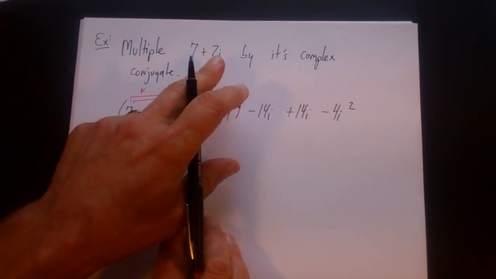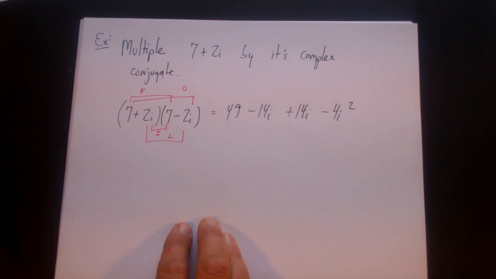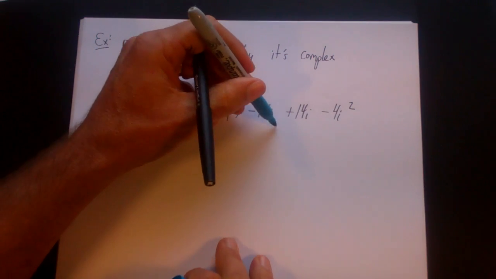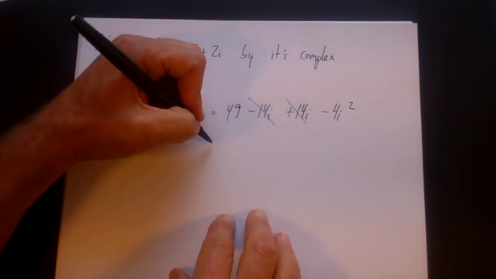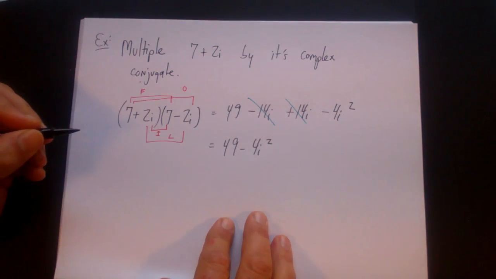That's your first step. You find the complex conjugate and FOIL them. The next step is that you combine like terms. So this and this cancel, right? Because it's negative 14i and 14i. You have 49 minus 4i squared.